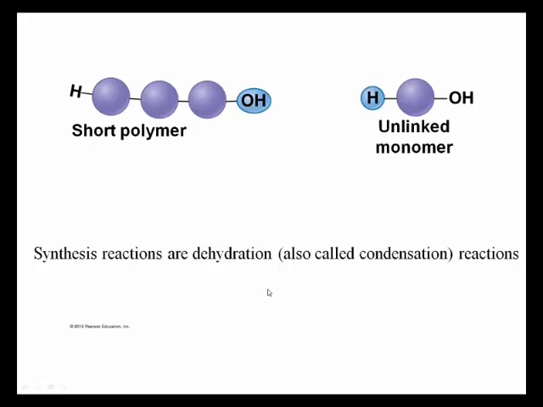So for example, one of the macromolecule classes, or biological molecule classes, that we're going to talk about are the proteins. A protein is a chain of beads, and the beads are individual amino acids. Carbohydrates are another class of biological molecule. A carbohydrate is a chain of beads, and the bead is a monosaccharide.